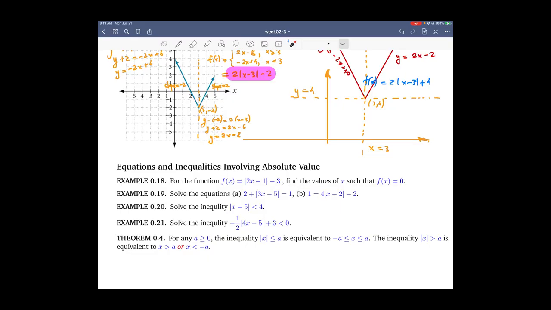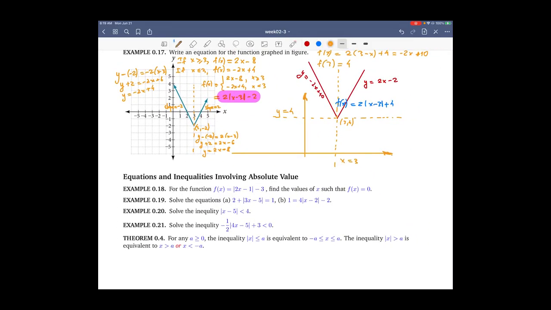So we simply need to equate absolute value of 2x minus 1 minus 3 to 0. Of course, that means that absolute value of 2x minus 1 equals 3. That is equivalent to 2x minus 1 being equal to either 3 or -3.